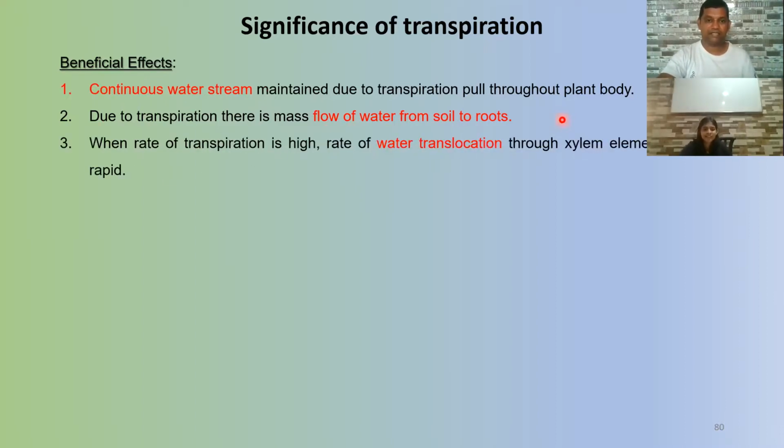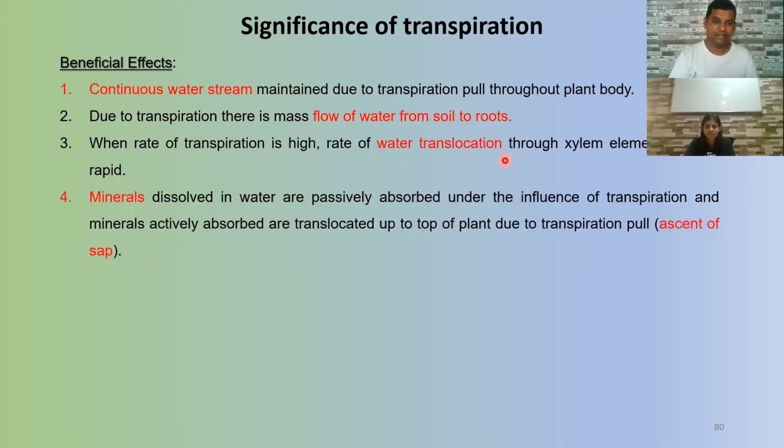And because transpiration rate अगर ज़्यादा होगा, so from the xylem elements there is more rate of water translocation going on. Minerals which are dissolved in the water, they are also absorbed because of transpiration. हमने आज देखा transpiration pull, ascent of sap, mineral translocation.